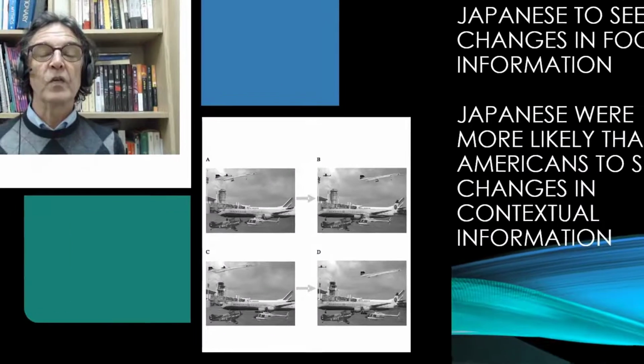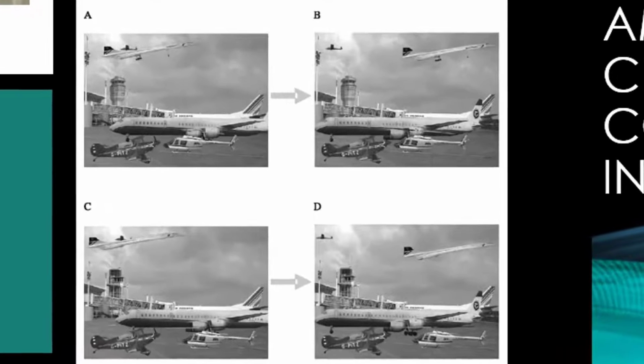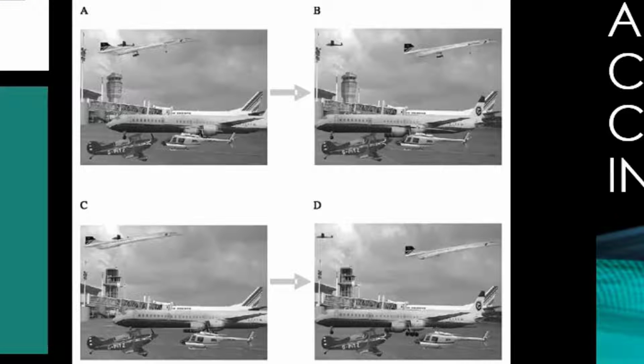You will notice on your screen that there are two pairs of pictures. There's A and B and C and D. Now, A and B and C and D, they're different. And probably what you're doing right now is trying to find the difference.